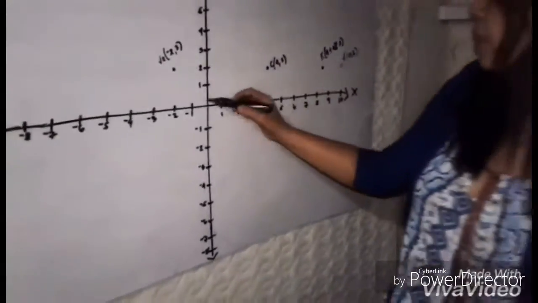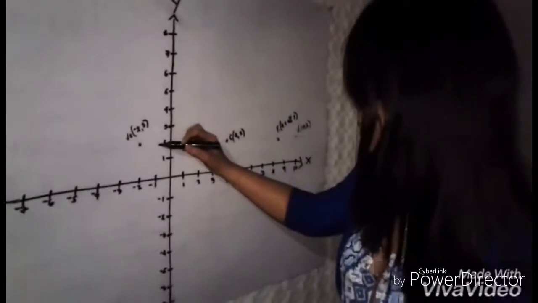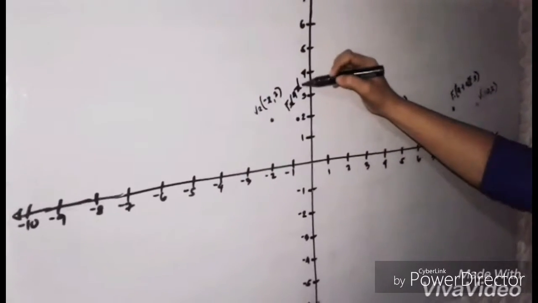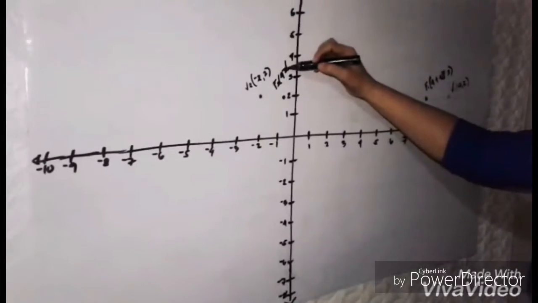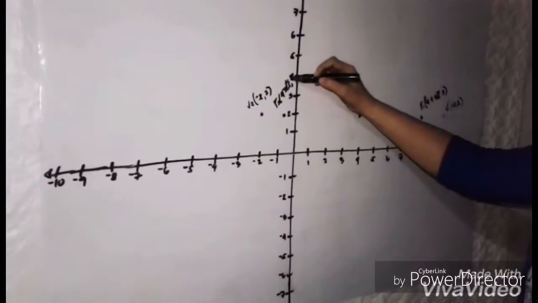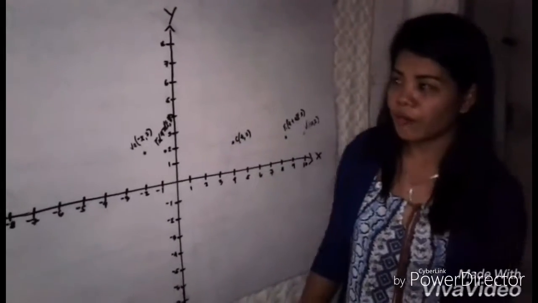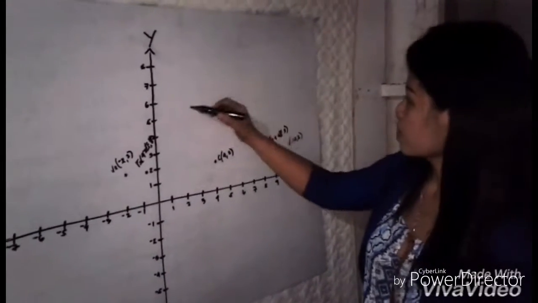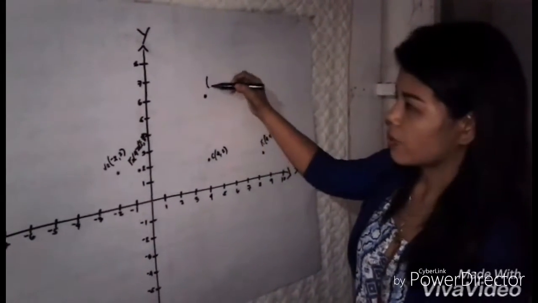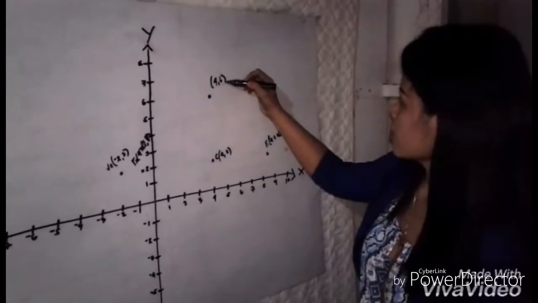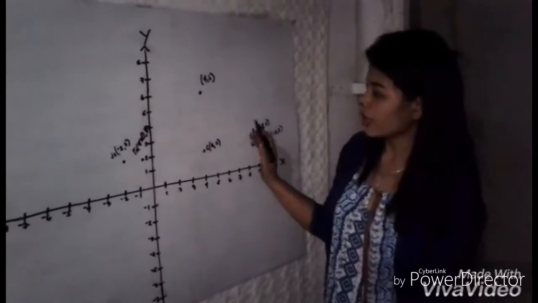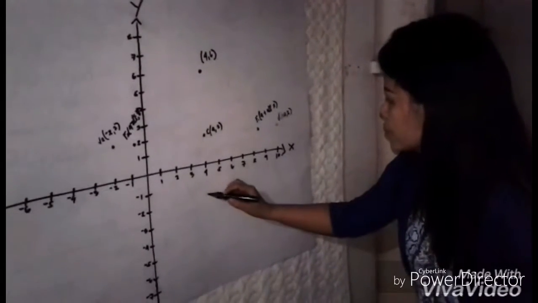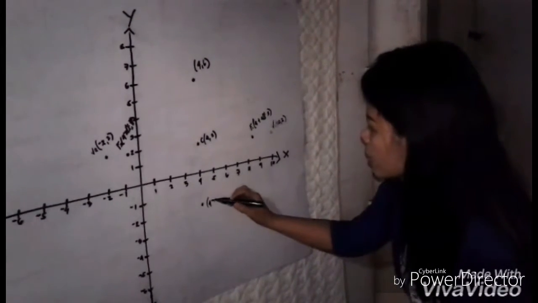And our focus 2 is here, (4 minus 2 square root of 5, 2). For the endpoints of the conjugate axis, we have (4, 6) here, and (4, -2) here.